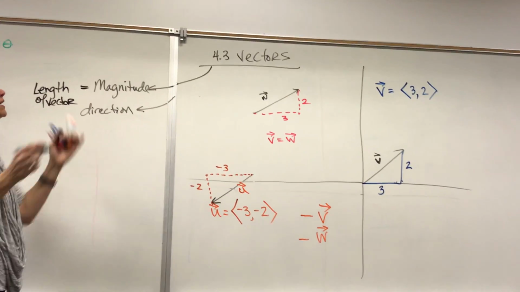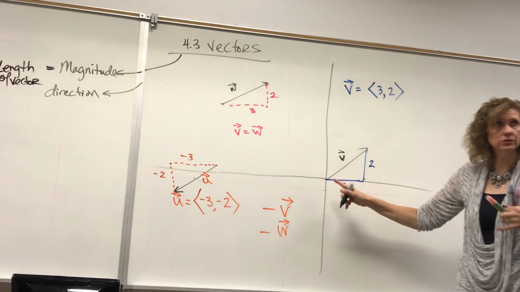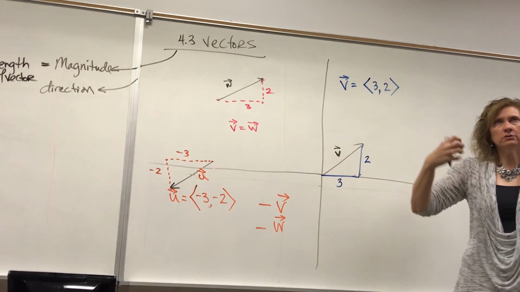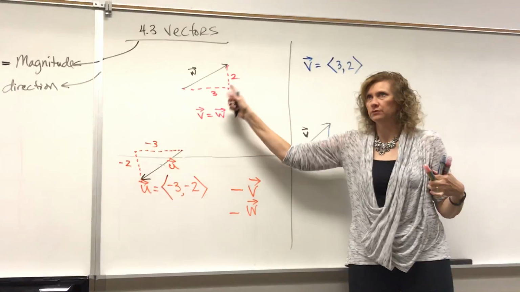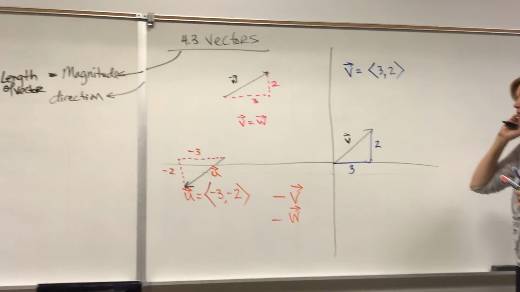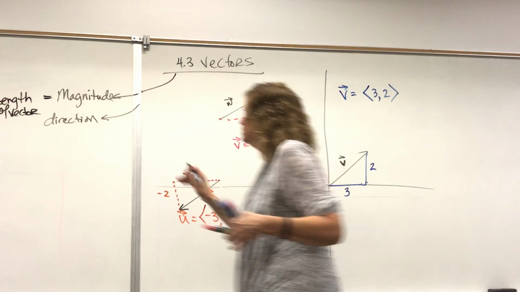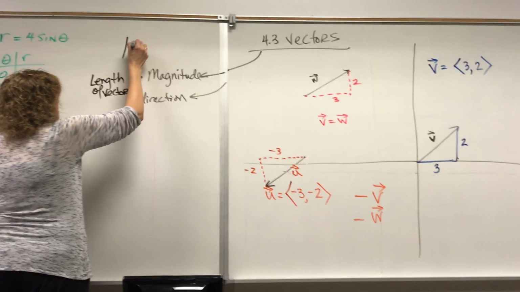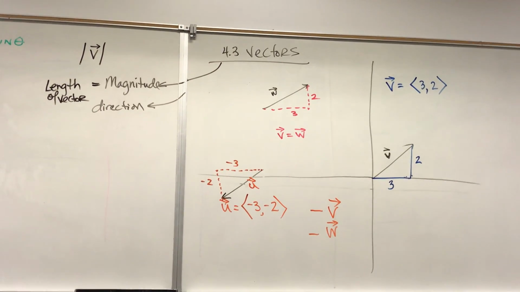Okay, we haven't actually found the length of these vectors yet because that would just be the hypotenuse. Okay, but based on our conceptual knowledge of triangles that go over 3 and up 2 and over 3 and up 2, then you probably realize that the lengths are actually going to be the same. Okay. Speaking of how do we indicate magnitude, the length or the magnitude of vector v, it's not the absolute value.